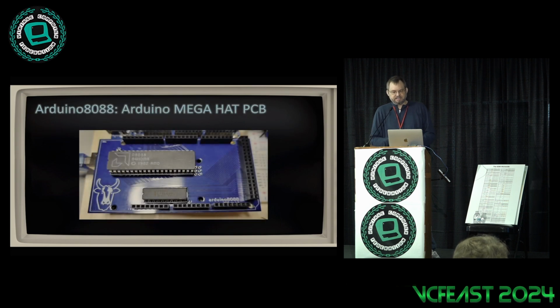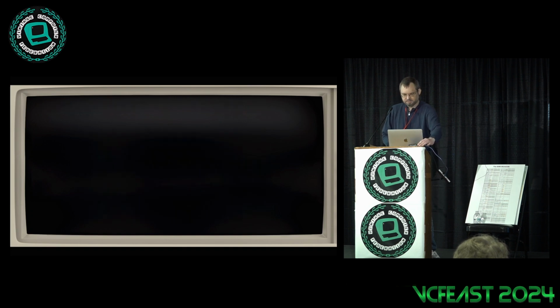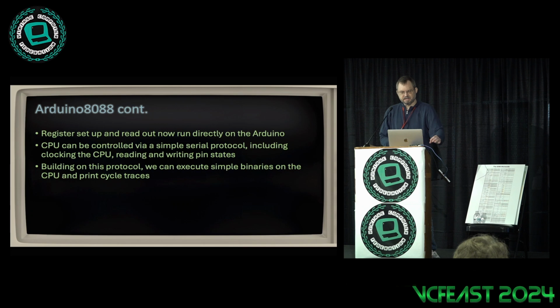And then once I got that debugged and working, I made a little hat, and it's sitting right here. It's to get the Mega on the bottom and the Arduino on top, and it's a real CMOS 8088 in there. And now we can take basically Andreas's slightly modified routines, but set up and read out the register state directly on the Arduino, so the host system doesn't have to worry about it.